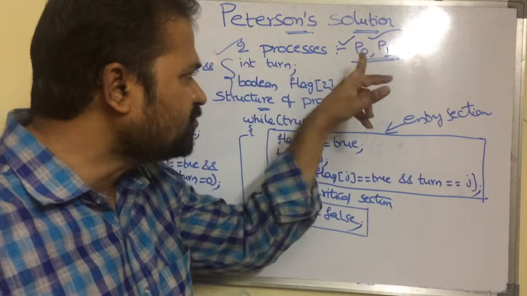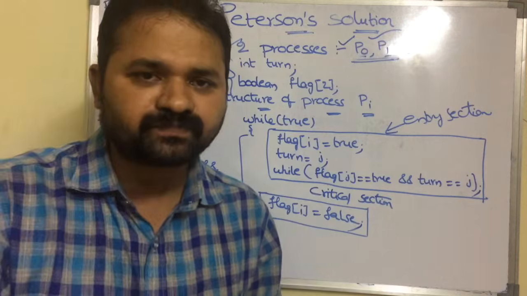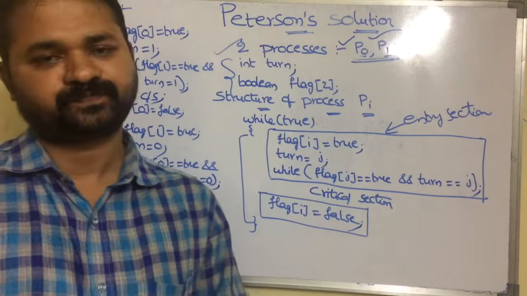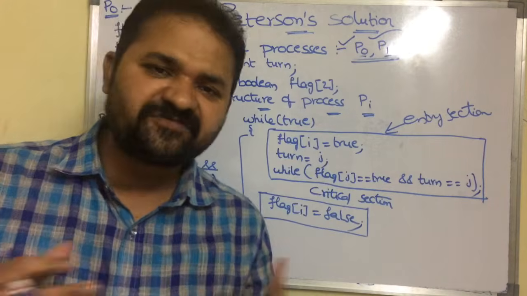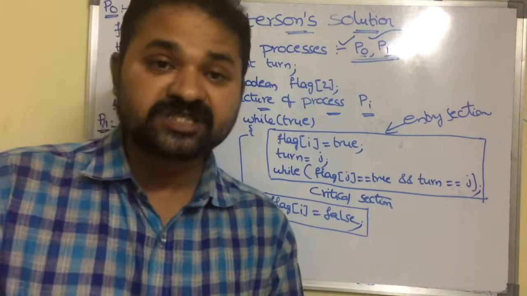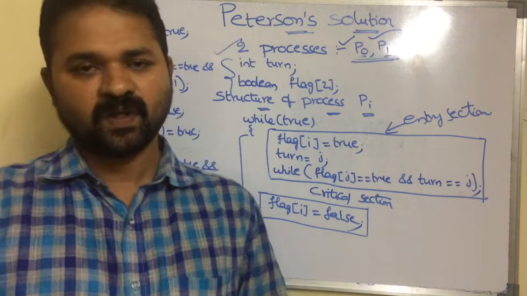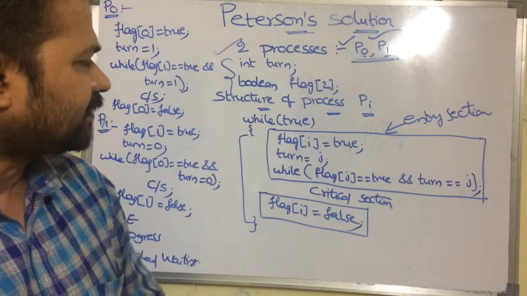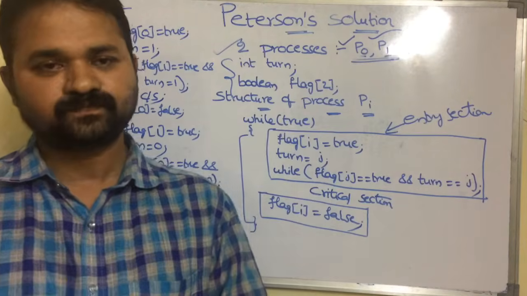Suppose if the turn value is 0, then it specifies that P0 enters into the critical section. Suppose if turn value is 1, then it specifies that there is a possibility that P1 may enter into the critical section. So here the value of turn may be either 0 or 1.